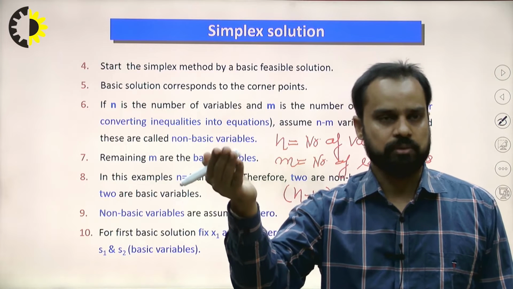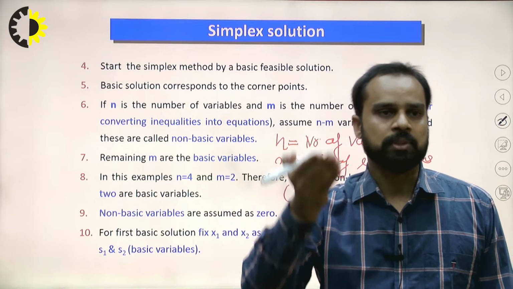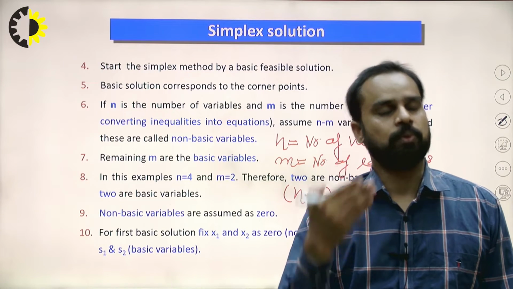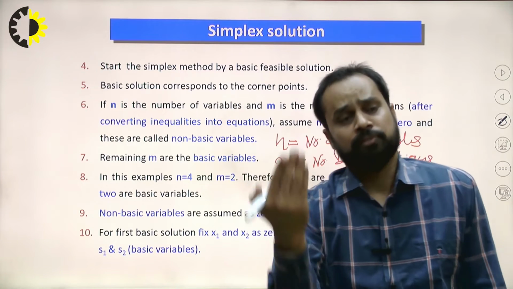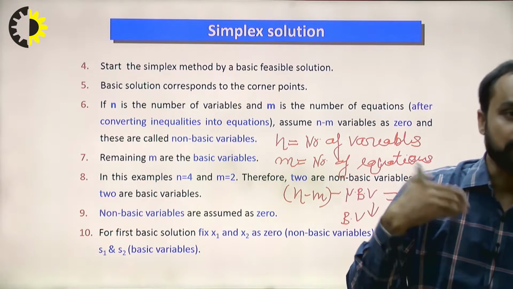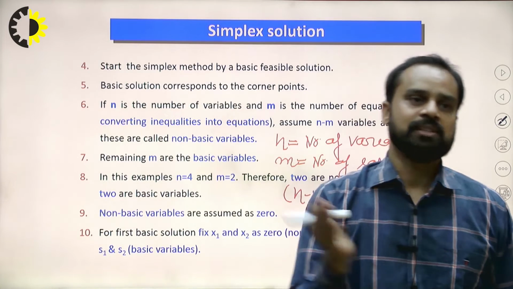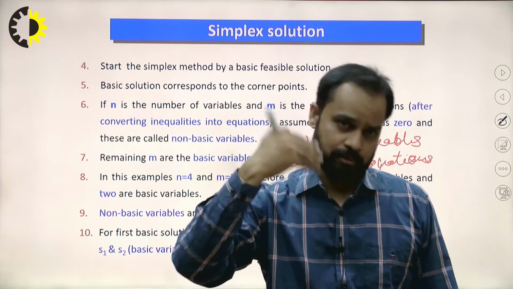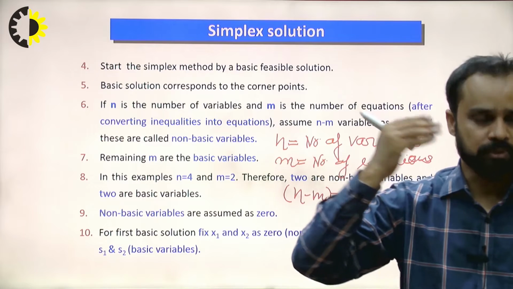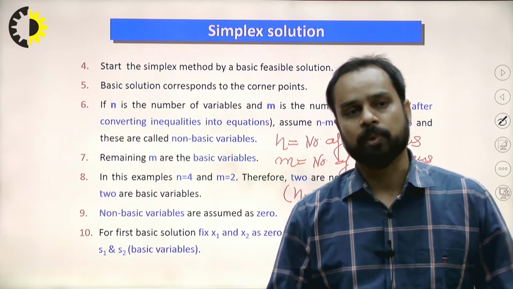Firstly, we decide the key column. On that basis the entering variable is decided, and then we decide the key row. On that basis the leaving variable and then the pivot element are decided. By matrix operations and iteration, we get the optimal value.